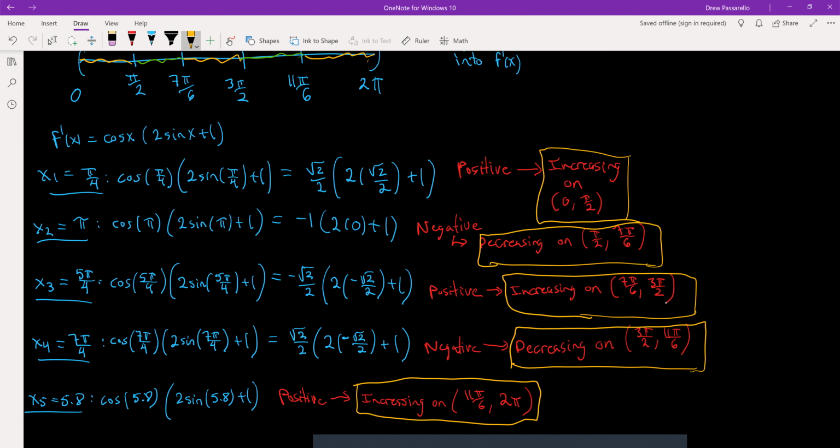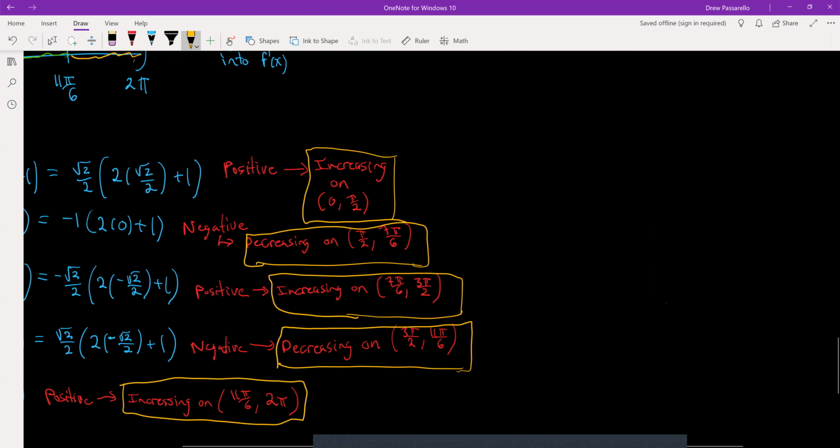Then for the second test value, it came out to be negative, so that means decreasing. And so you see this alternating of increasing and decreasing that remains consistent. Right, so those are the intervals of increasing and decreasing.